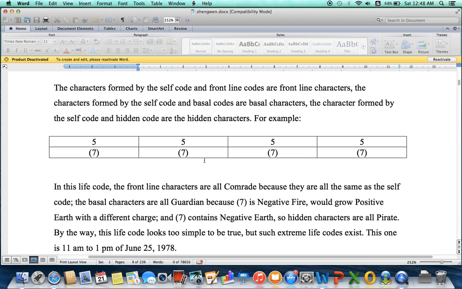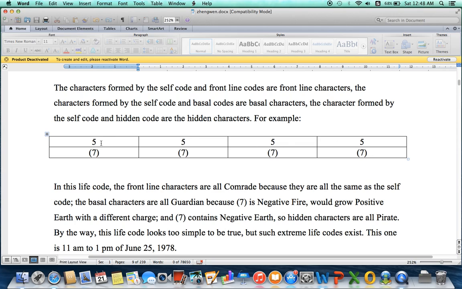So two things to remember. Frontline codes power level 60. Basal codes power level 100. And the zodiac month doubles: the zodiac month code is 200. The third thing to remember is if the frontline code has no root. What does it mean to have no root?